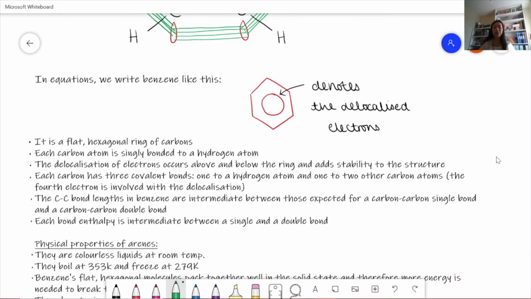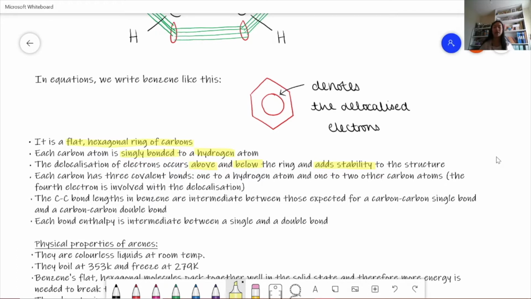Things you need to know about benzene are that it's a flat hexagonal ring of carbons, and each carbon atom is singly bonded to a hydrogen atom. The delocalization of electrons occurs above and also below the ring, and this adds stability to the structure. Each carbon has 3 covalent bonds, 1 to a hydrogen and 1 to each of 2 other carbon atoms, and this means that the 4th electron is involved with the delocalization.